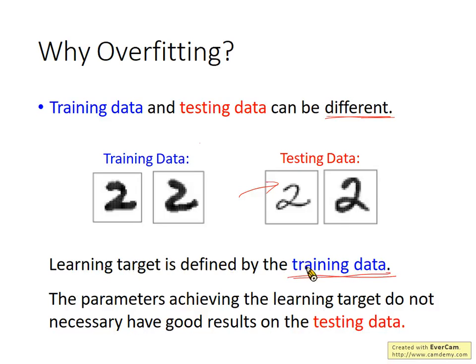We find the best solution from characteristics like this, however the testing data may be like this. The parameters achieving the learning target do not necessarily have good results on the testing data. So this is why we have the overfitting problem.